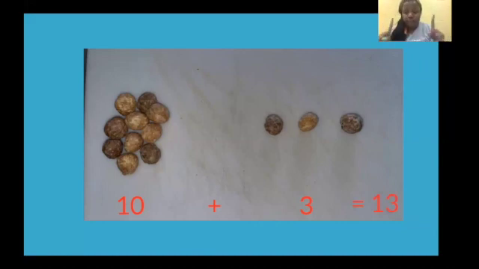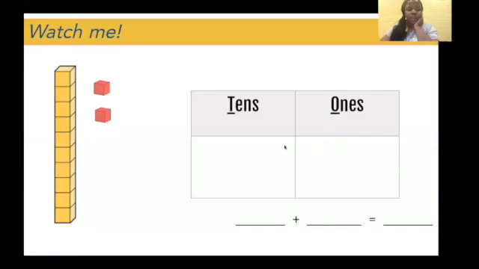All right, so watch me do this. This time, Miss Bennett is going to show you what it looks like with 10 blocks. You've seen this before. We already know that this is a group of what? A group of 10. So when I'm filling out my chart, I already know that I have 1 ten, and I'm going to look at my ones.